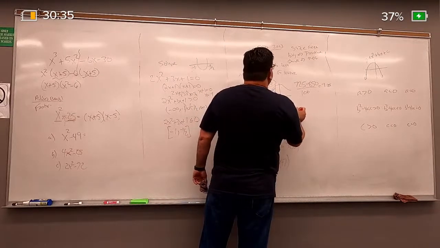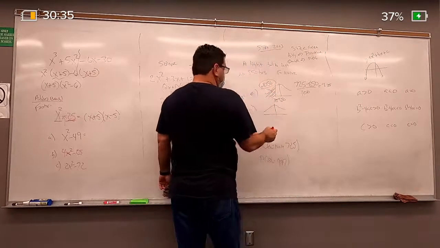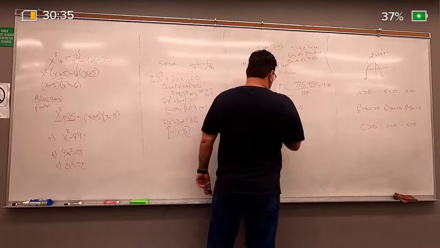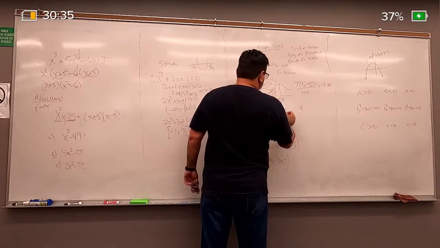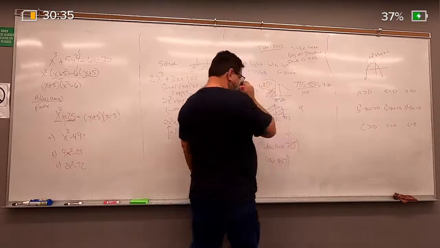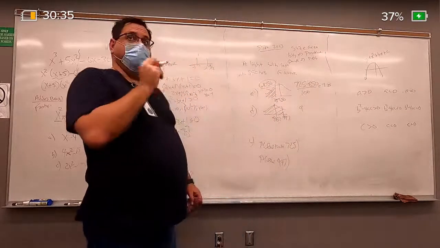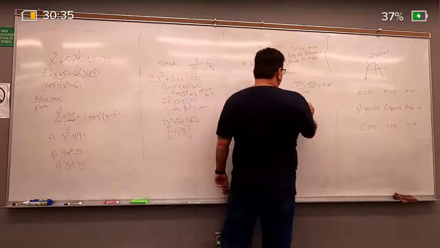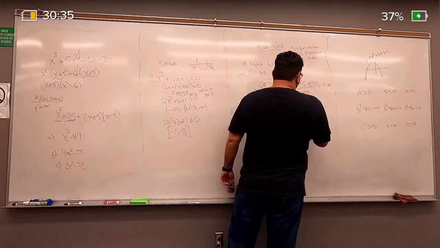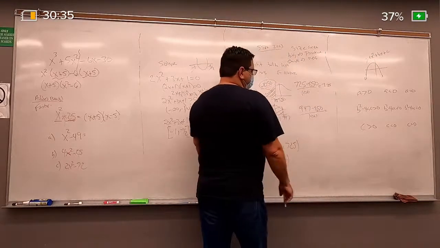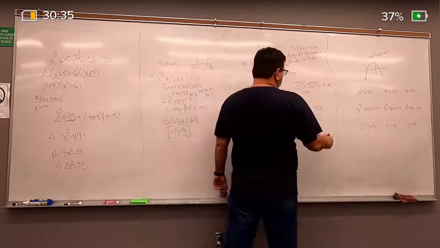It's 947. We're this way, yeah? So it's 947 minus 850 over 100, which is 0.97.